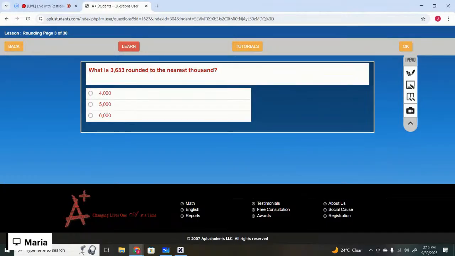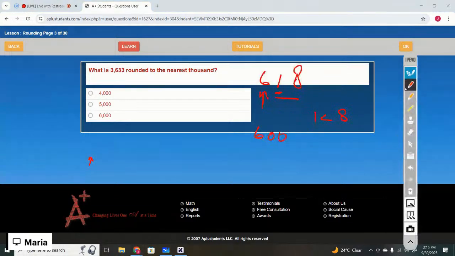What is 3633 rounded to the nearest 1000? We need to round it to the nearest 1000, right? 3633. The digit that is at the thousands position is 3. Next to 3 we have 6. 6 is greater than 5, so you need to round up.